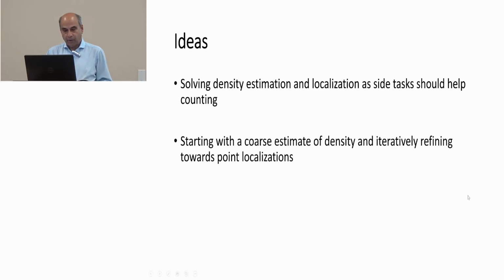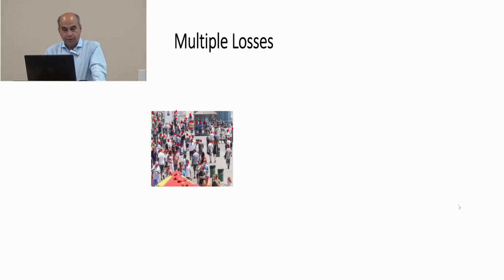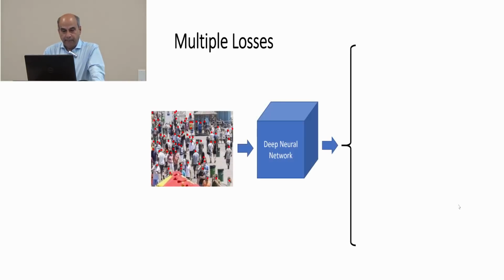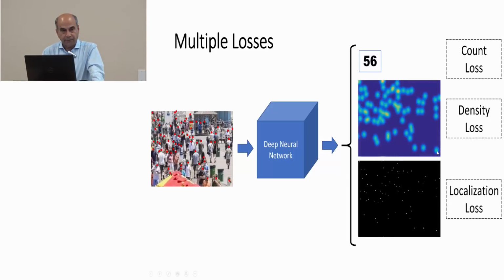We start with a coarse estimate of density and iteratively refine towards point localization. Therefore we have multiple losses. This image is given to a deep neural network and then we get a count. We have a loss for the count, a loss for the density, and a loss for the localization.